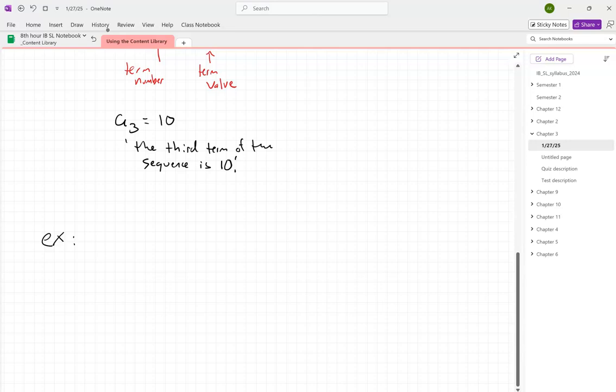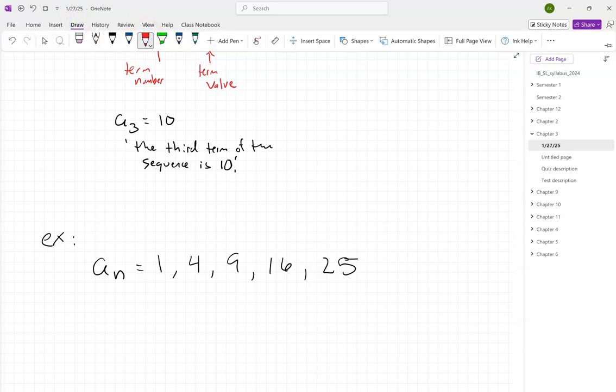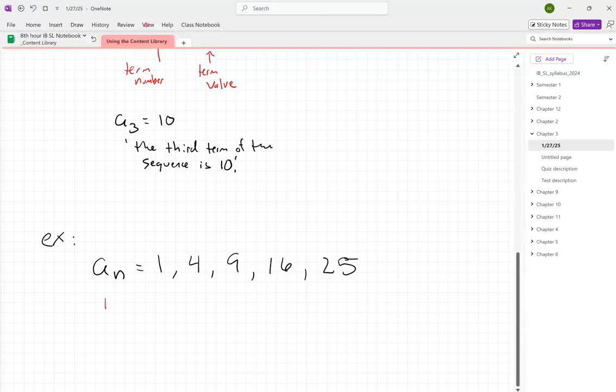So let's say we have the sequence here. One way we can describe a sequence is a list of values. If these are my a sub n's, how many terms do we see in this sequence?